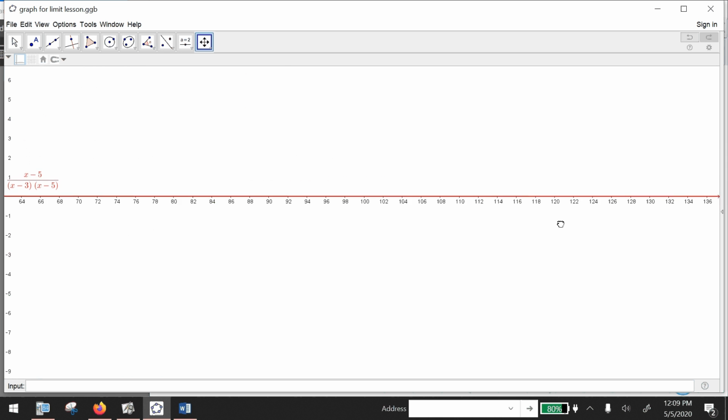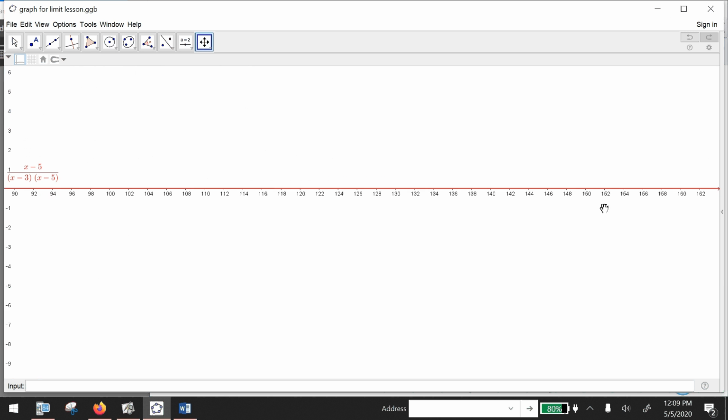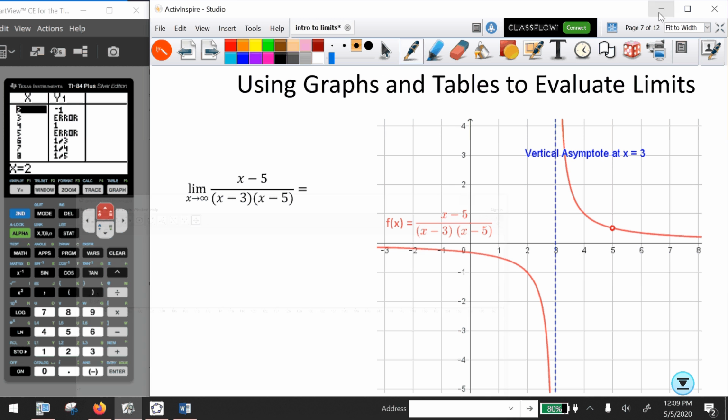It's never quite getting there because it's a horizontal asymptote, but it is approaching 0. And we can just say that this is equal to 0, this limit. So this is an example where the answer is a finite real number, and you could say the limit exists.